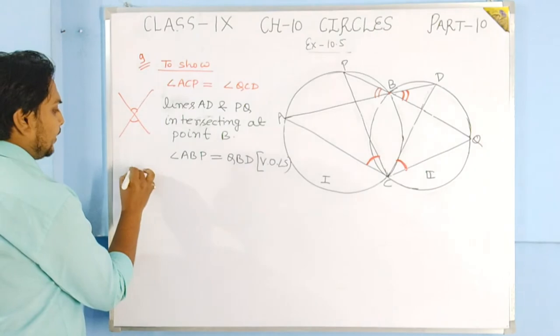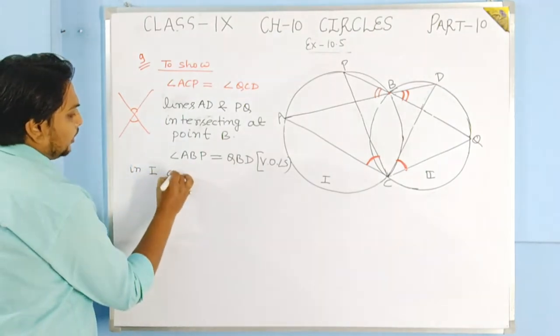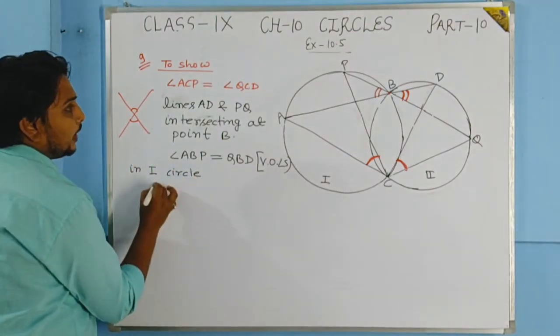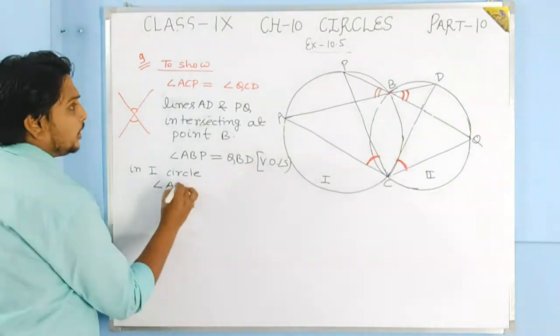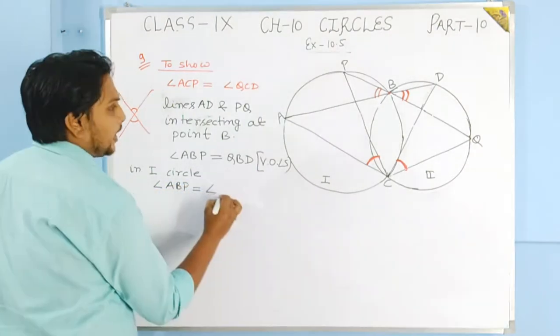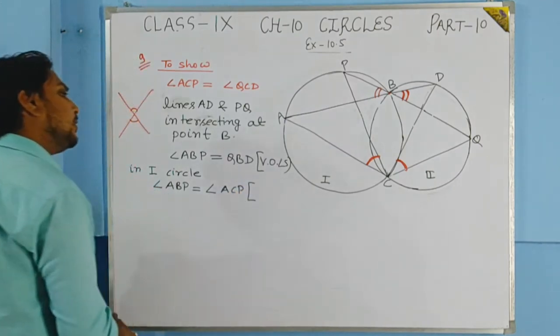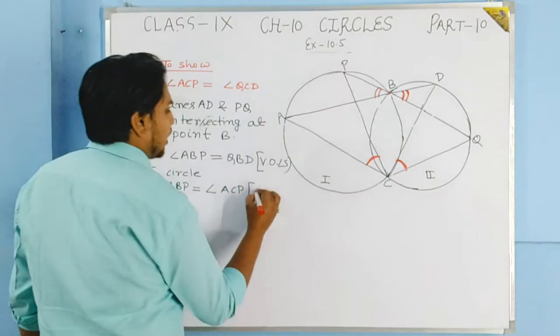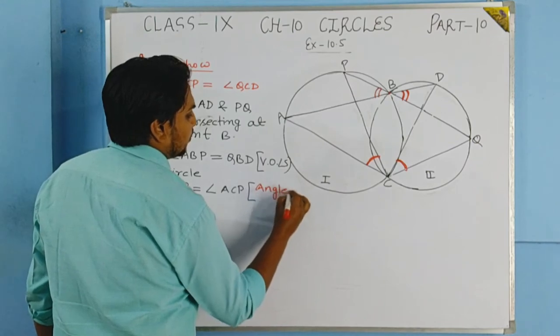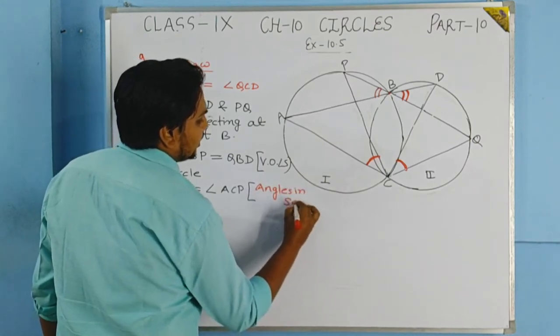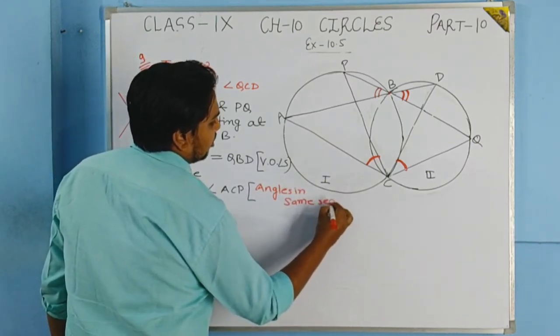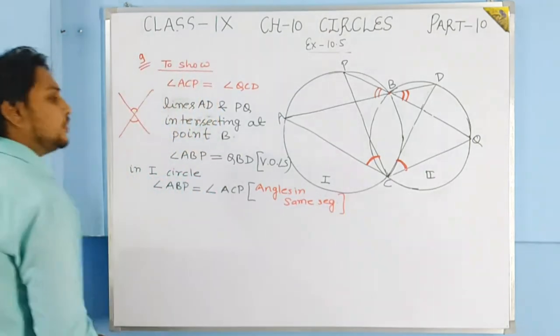So in the first circle, angle ABP will be equal to angle ACP. The reason behind it is what? They are the angles in the same segment.